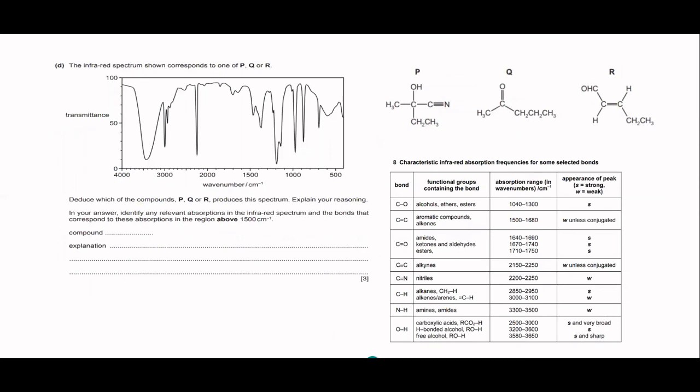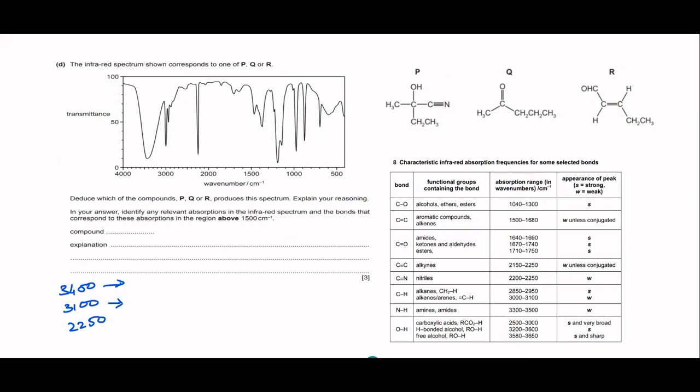So here we have the table. Now let's compare the data we have got with the table. Here is the list of the data we discussed before: one at 3400, one at 3100, another at 2250. Now going to the molecules P, Q, and R, there is an OH, which is one functional group. There is a CN bond, an OH bond, a CC bond, and here we also have the CH bond.